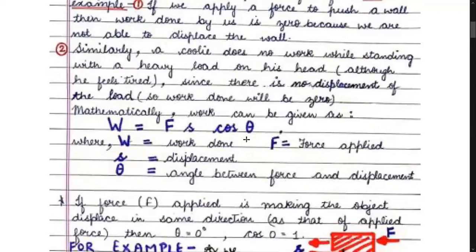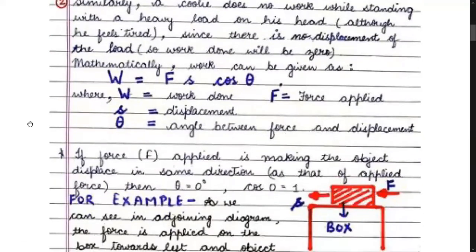Similarly, a coolie does no work while standing with a heavy load on his head, although he feels tired. A coolie has lifted a weight on his head, but he's not moving, he's standing. He will feel tired, but since there is no displacement of the load, again work done will be termed to be zero here.